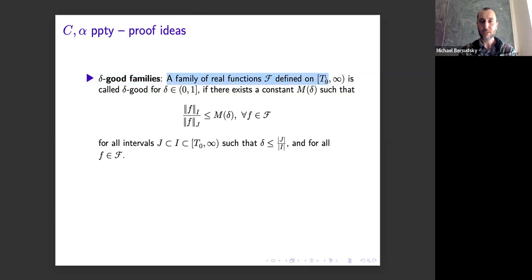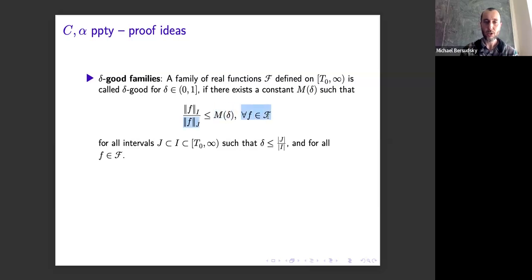A family of functions on this ray, t naught to infinity, is called delta good for some delta in (0, 1) if there exists a constant M delta such that these ratios of suprema of the functions on the interval and on the subinterval are at most M delta.